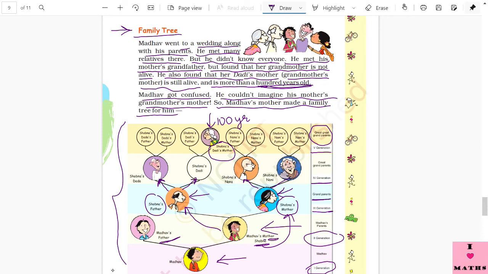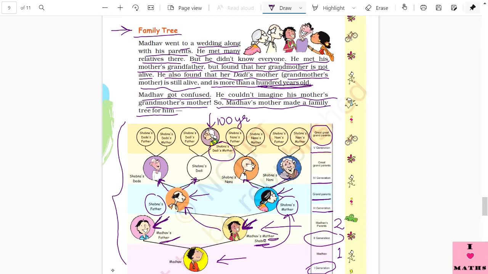But before seeing those questions, I would like to do another activity, and that is in the first generation only Madhav is there, so one person is there. In second generation there are two people, Madhav's parents. Now children, please pay attention. Probably Madhav had gone to a relative's wedding who was his mother's relative, and that is the reason his mother made the family chart.